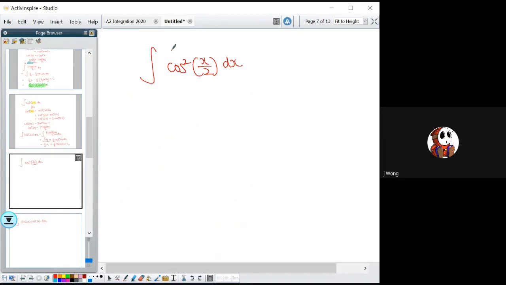Okay, so that's why for this question, I'm not going to finish it. The third one, the integral of cos squared x over 2, we're just going to have the starting step, which is which formula should we use? We should be using the cos double angle formula. And in this case, since the argument is x over 2, I'll be thinking of using cos of x. If I'm going to rewrite it using a double angle formula, cos x is just x over 2 plus x over 2 as the argument.